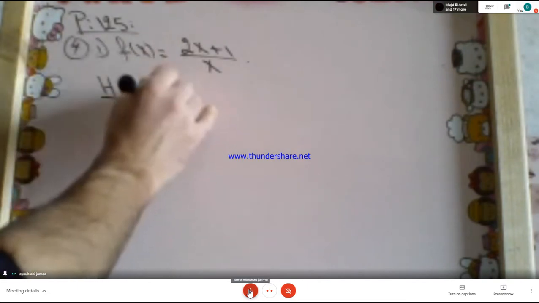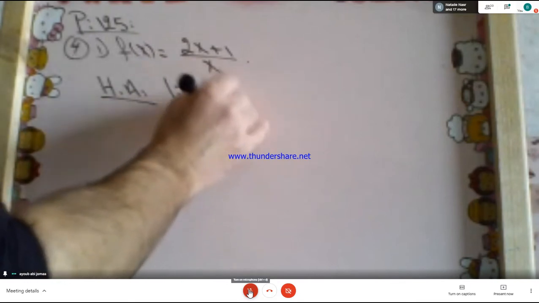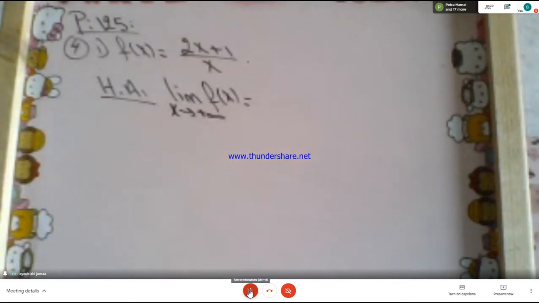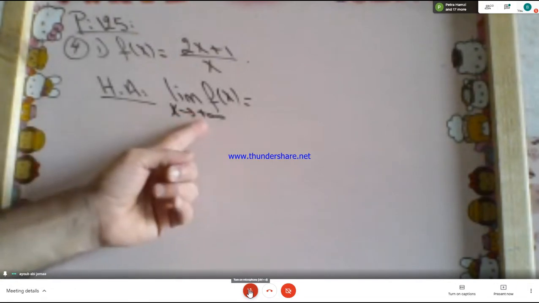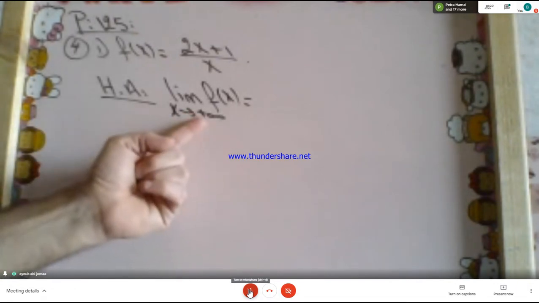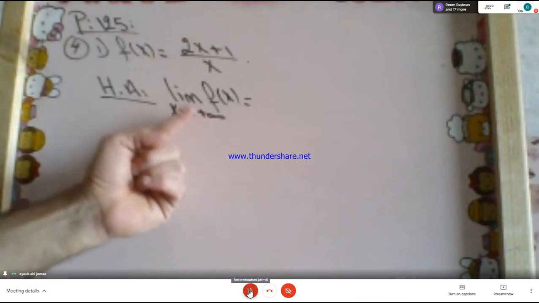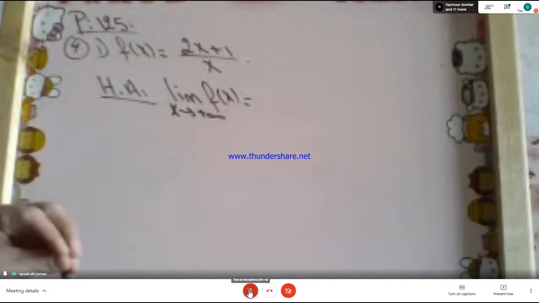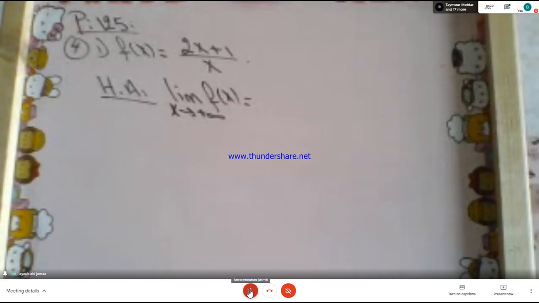The limit of f of x as x approaches positive infinity is equal to, since here we have infinity, we consider the biggest exponents, the same way we found the limits in the previous exercises.